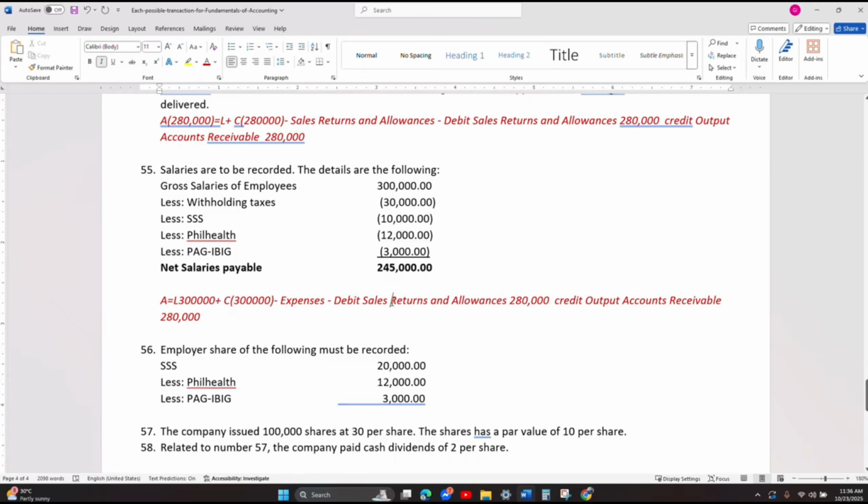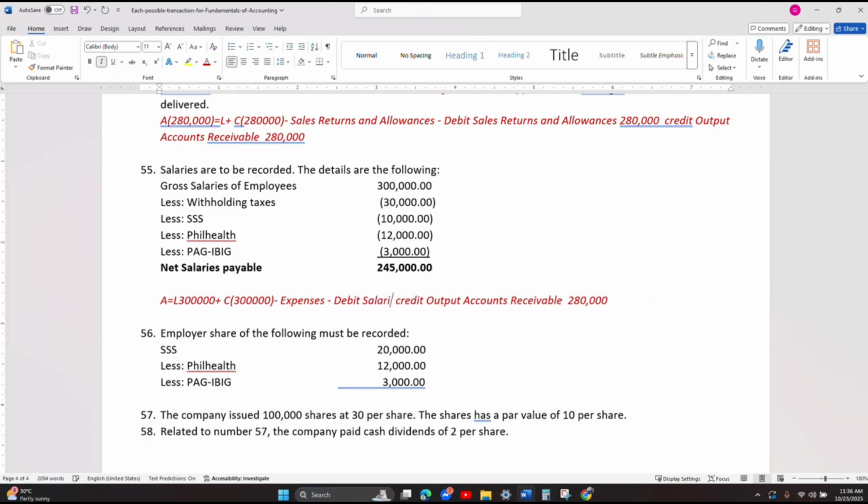And as to the entry, your entry will be salaries expense for the gross amount, which is 300,000 for example.